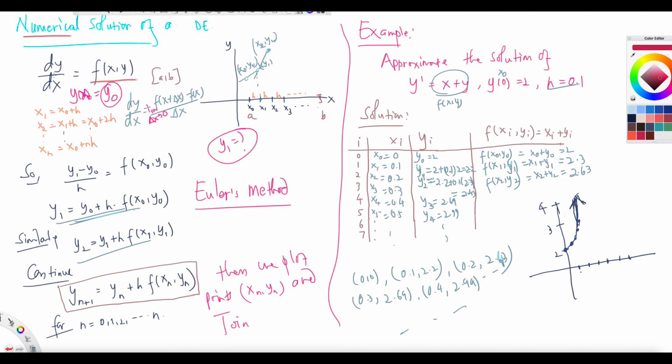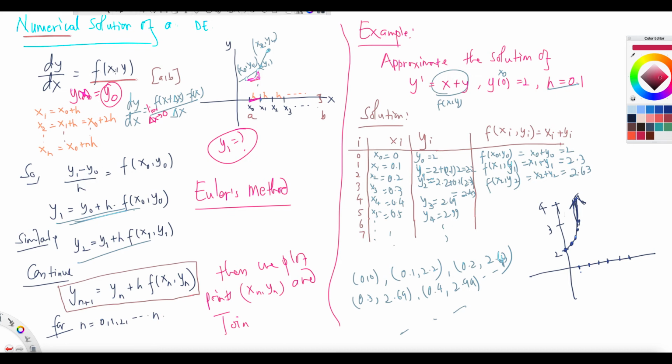The derivative at that point is rise over run, so that is y1 minus y0 over x1 minus x0, and x1 minus x0 is h. That is, y1 minus y0 over h. We approximate the derivative by the slope.